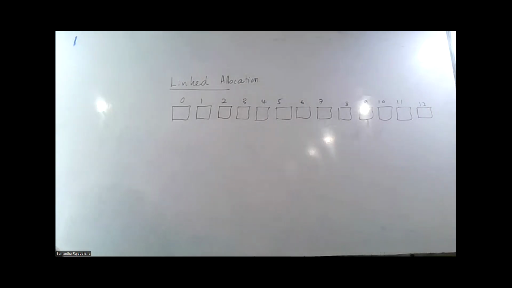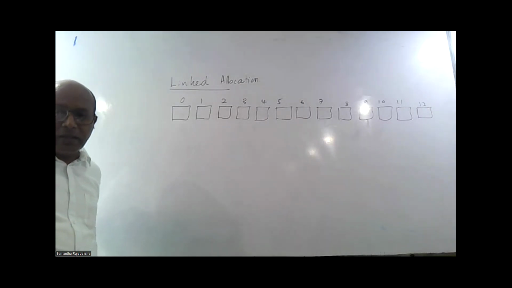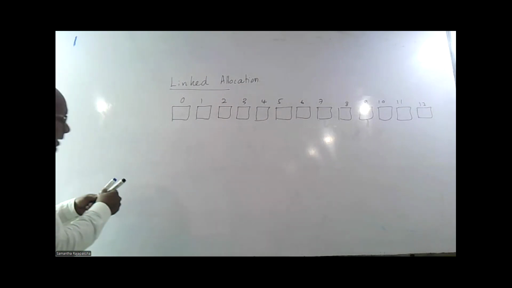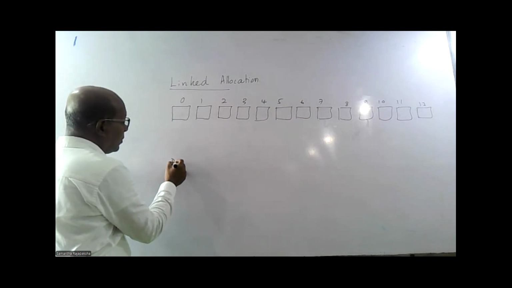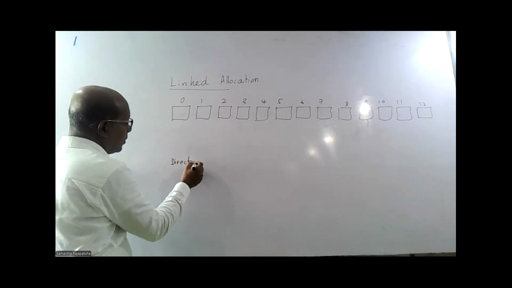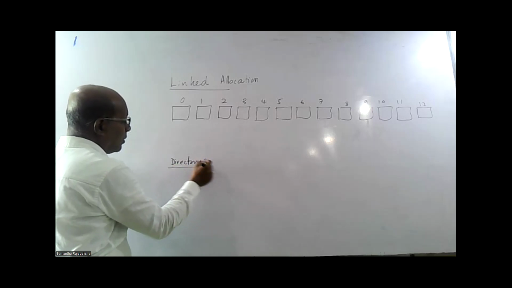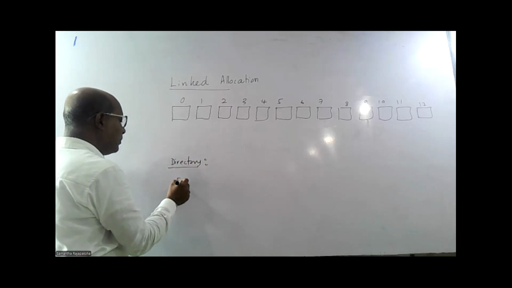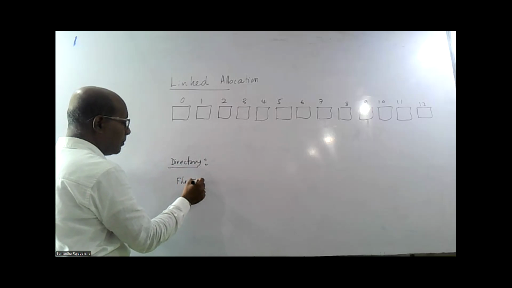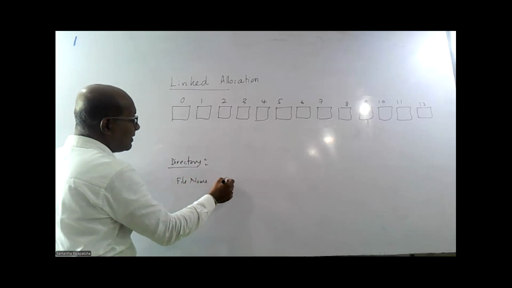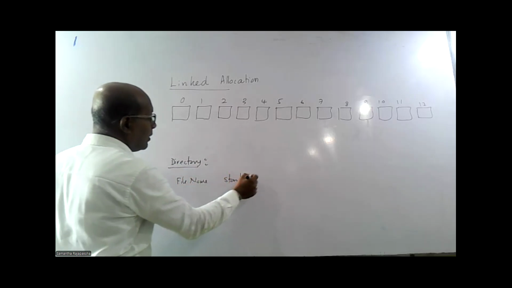So we have the blocks like this in the file. Now in the directory, what we store: we have the file name and we have the start and the end.